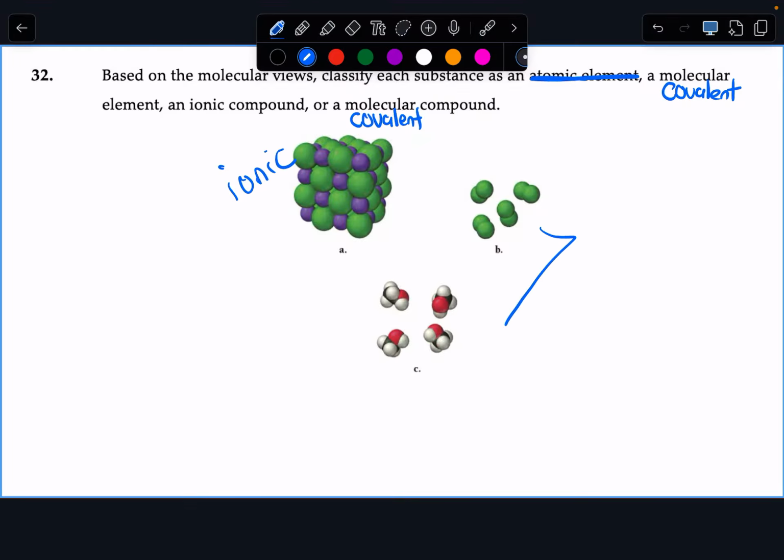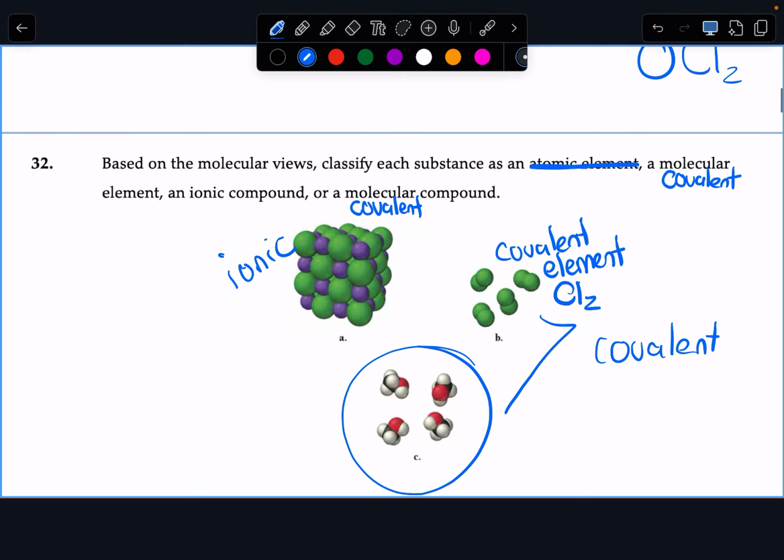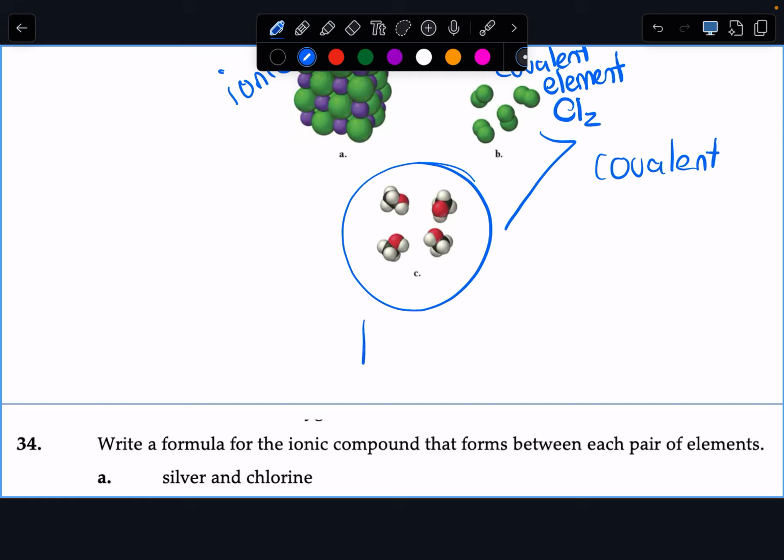These two are covalent. Now, it does separate covalent compound. That would be this one because it's different elements, whereas this one would be a covalent element because it's just one type of element. So this would be something like Cl2. Remember the diatomics? There's 7 of those: H2 over here, and then starting at nitrogen and making the shape of a 7.